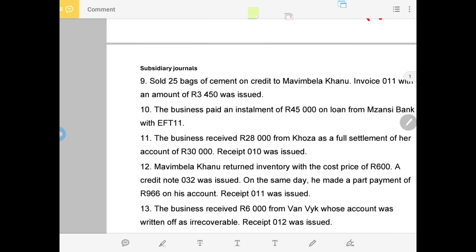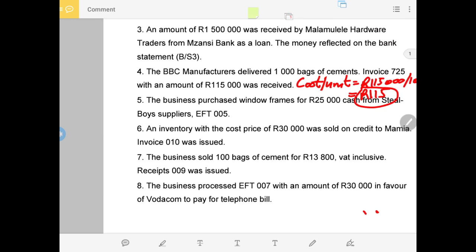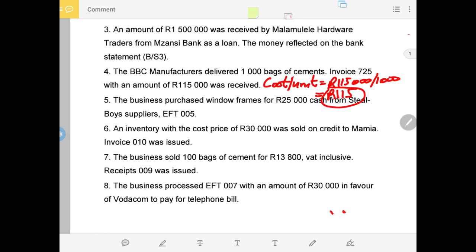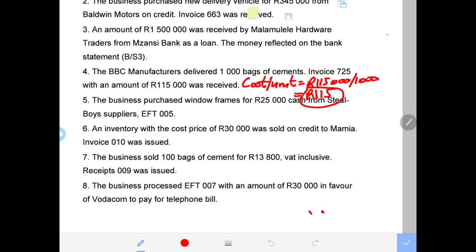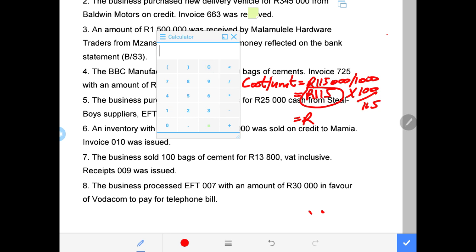Moving very smoothly, we are moving now to transaction number 5. Okay, before that, let me explain the cost per unit that excludes VAT. When we times this by 100 divided by 115, we get the cost per unit that excludes VAT. It will be 115 times 100 divided by 115.